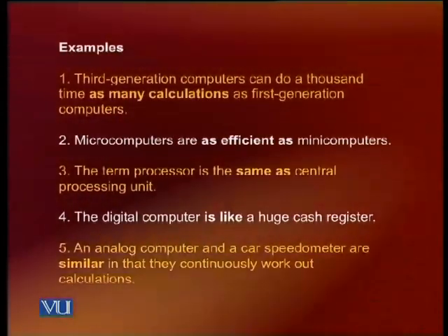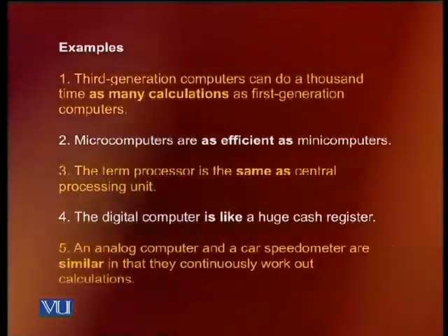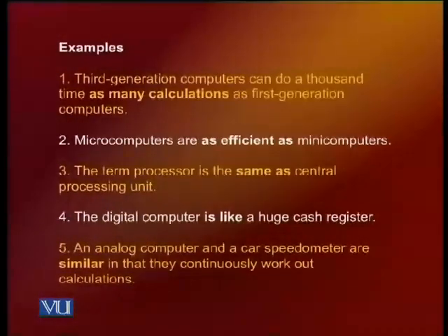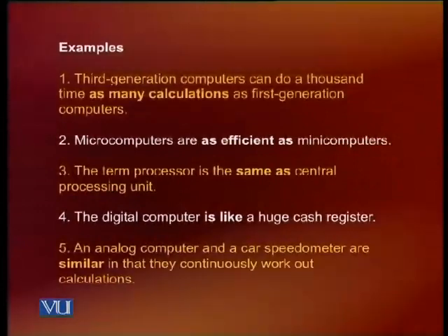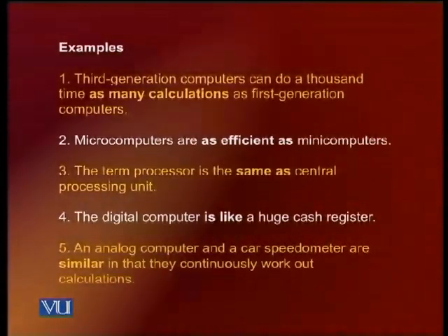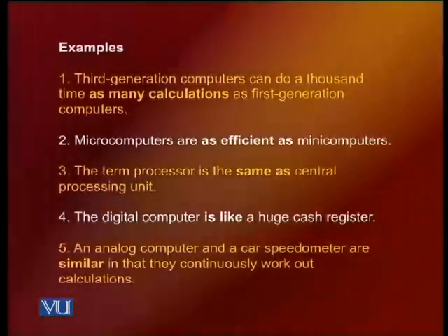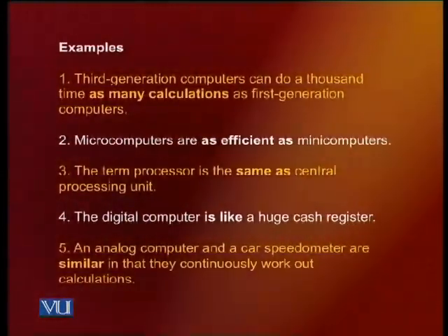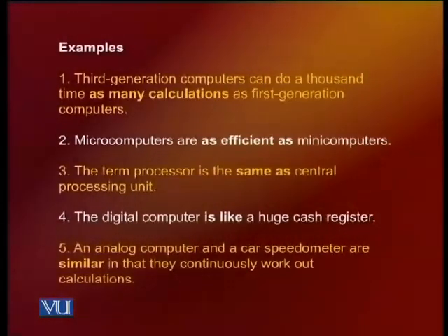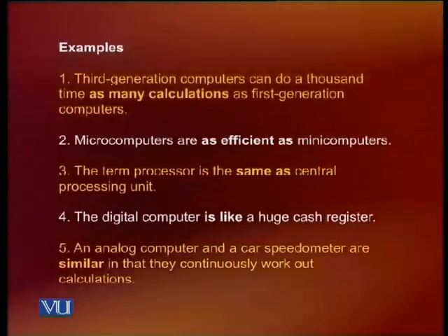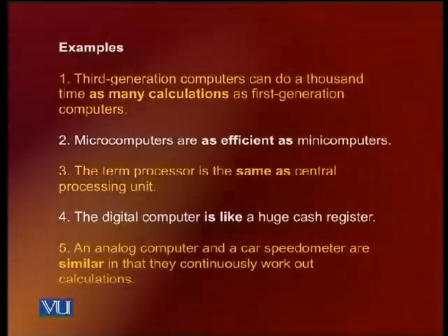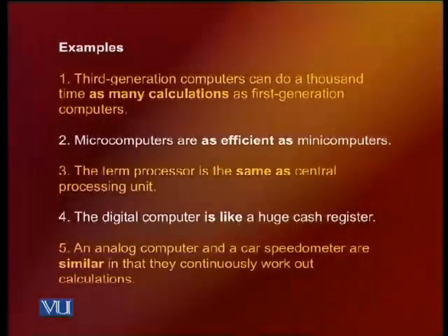Third generation computers can do 1,000 times as many calculations as first generation computers. Notice the phrase as many as. This is showing equivalence. In the next sentence, microcomputers are as efficient as minicomputers.